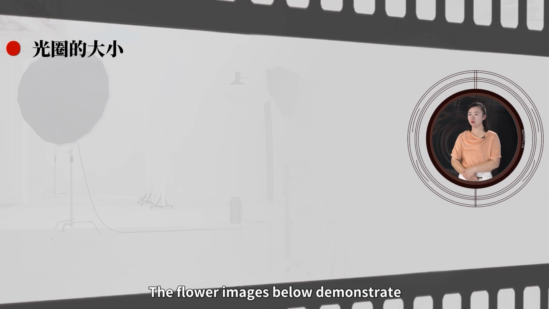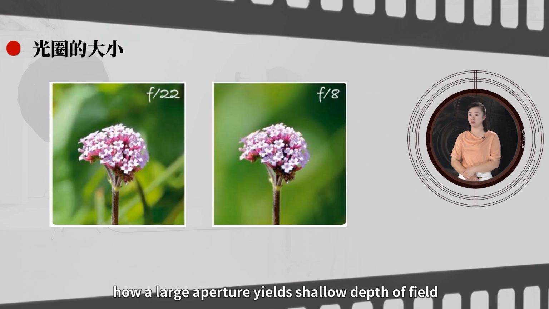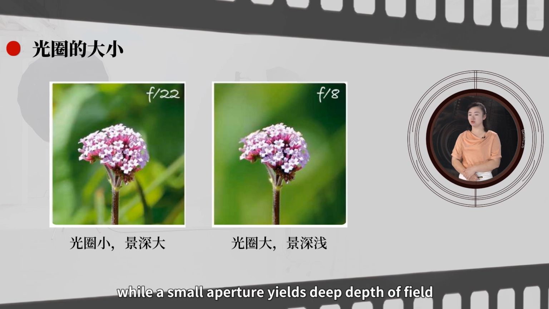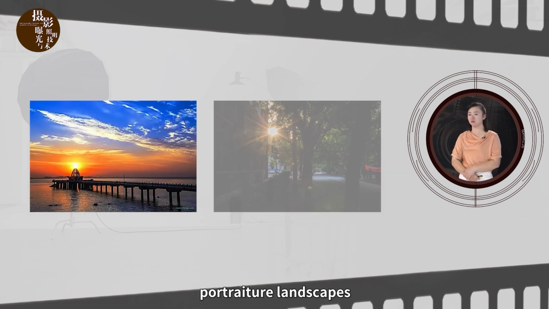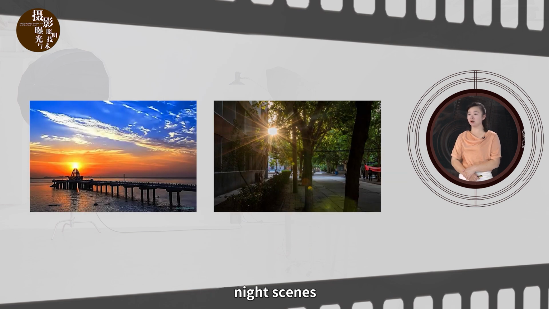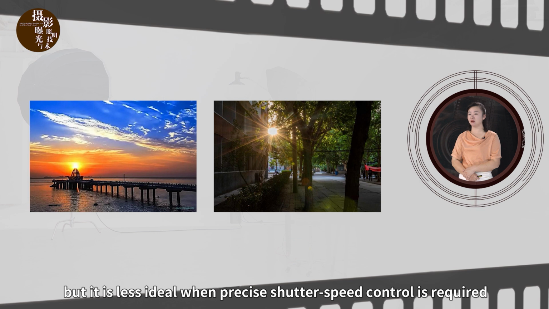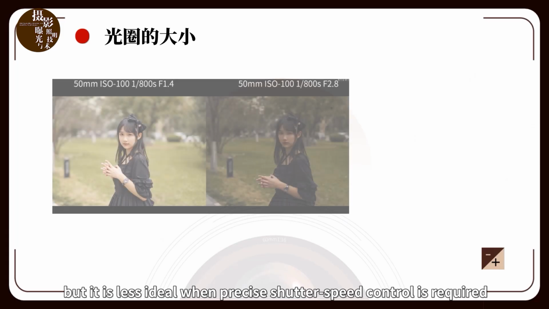The flower images below demonstrate how a large aperture yields shallow depth of field, while a small aperture yields deep depth of field. Aperture priority suits portraiture, landscapes, night scenes, macro, and any subject where depth of field is critical, but it is less ideal when precise shutter speed control is required.